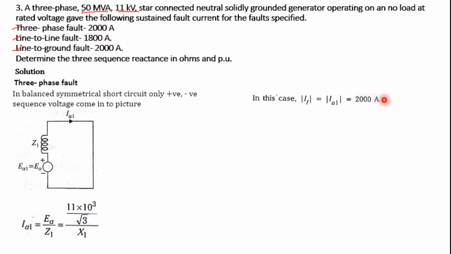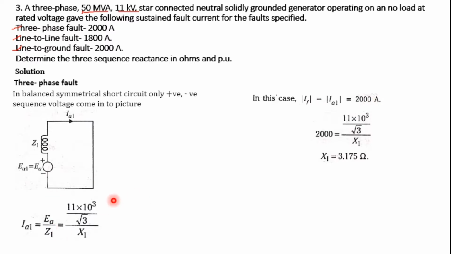IF is equal to IA1, which is 2000. Substituting, IA1 is 11 into 10 to the power of 3 divided by root 3 divided by X1, and IF is equal to 2000.